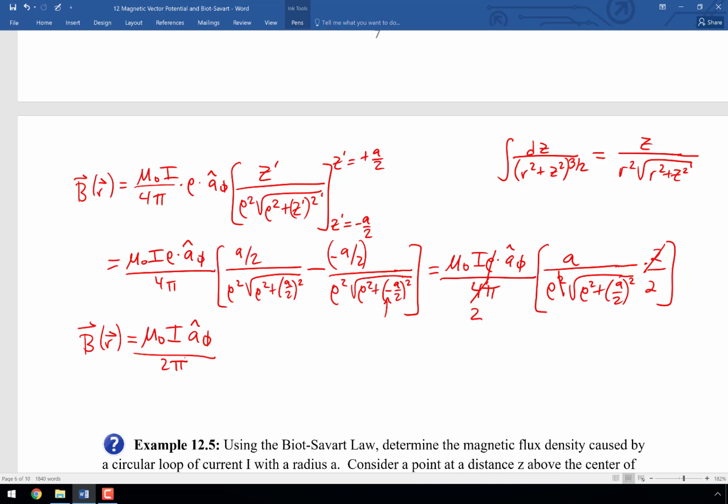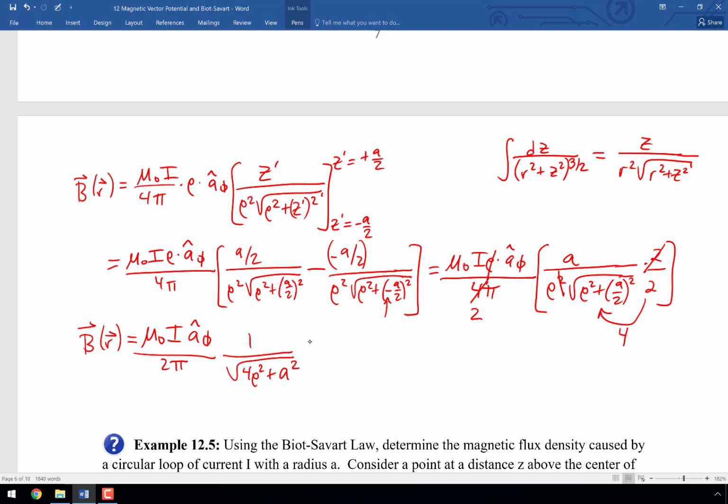And now this 2, when it comes into the square root, becomes a 4. So this becomes 1 over the square root of 4 rho squared plus a squared, because that 4 cancels with the 2 squared in the denominator of the second term.